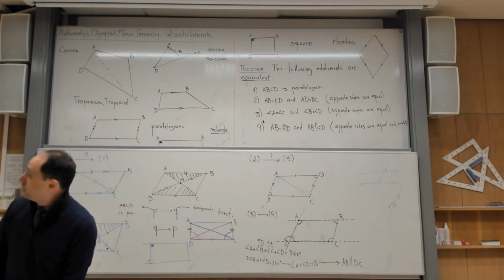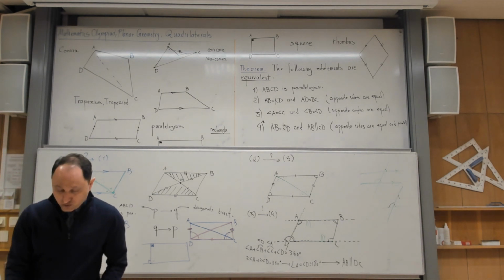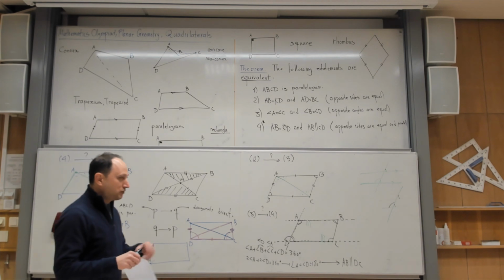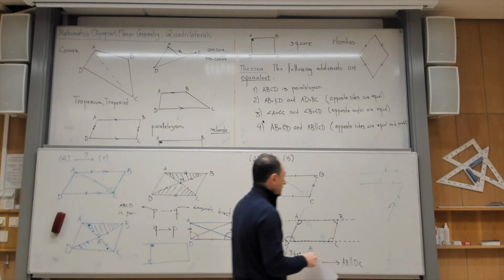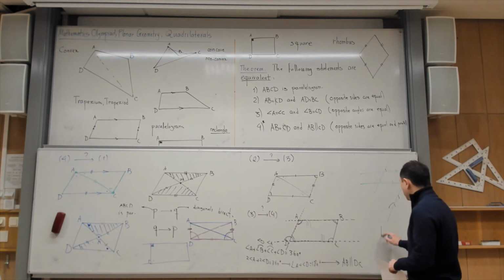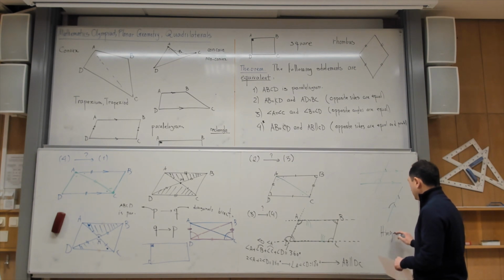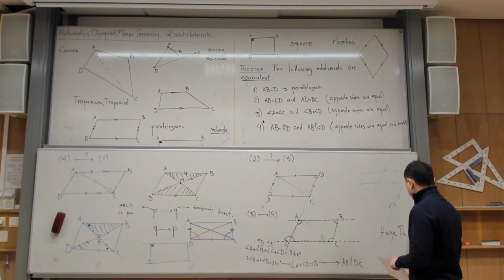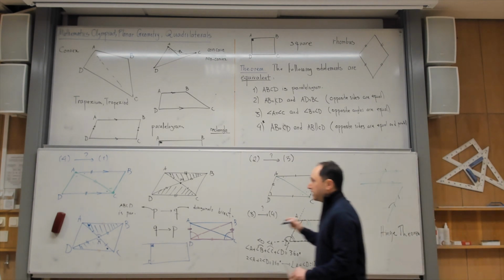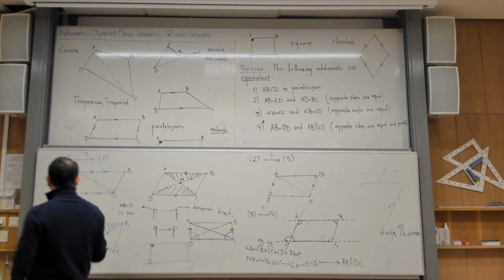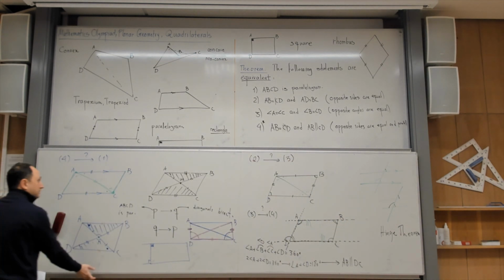So I will write them here, and if we have time, I want to go back to a very important theorem that I realized I haven't talked about for triangles, and that is called the Hinge Theorem. I want to talk about that one if we have time. I should have started with that one before jumping to quadrilaterals. Okay, sorry.